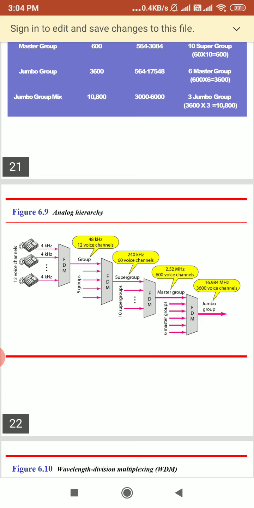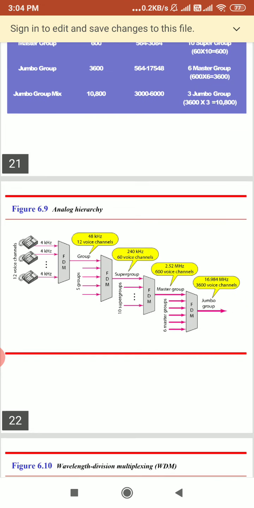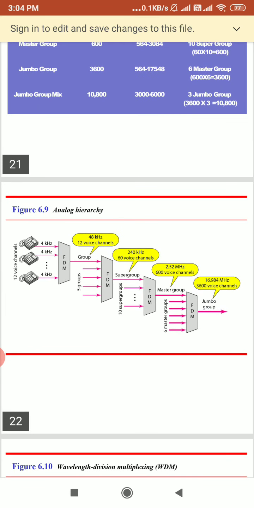So here, when we are talking about the AT&T hierarchy, which can be used in North America and Japan, we are using that multiplexing for the telephone industry, which has a standardized bit rate, that is, high speed. It means what?